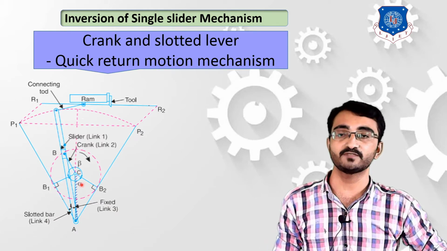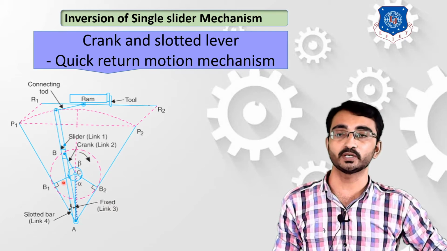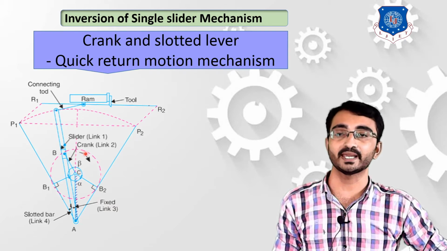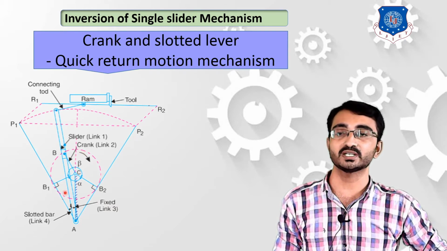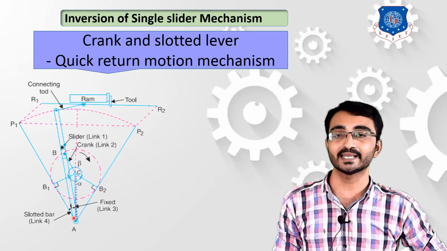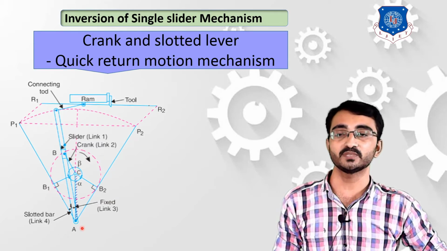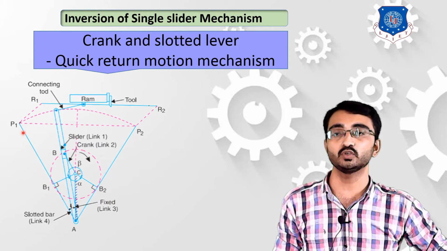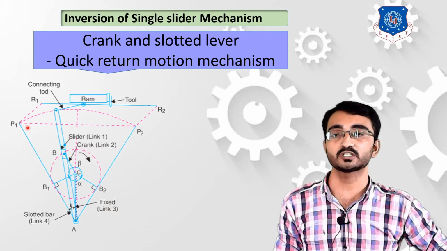Now let's see first how it will work. With respect to this fixation, your crank will be rotating, and this rotation of the crank will give you extreme positions at B1 and B2. These extreme positions can be obtained by taking a tangent to this circle from this fixed point. That will give you the extreme positions of your slotted lever.